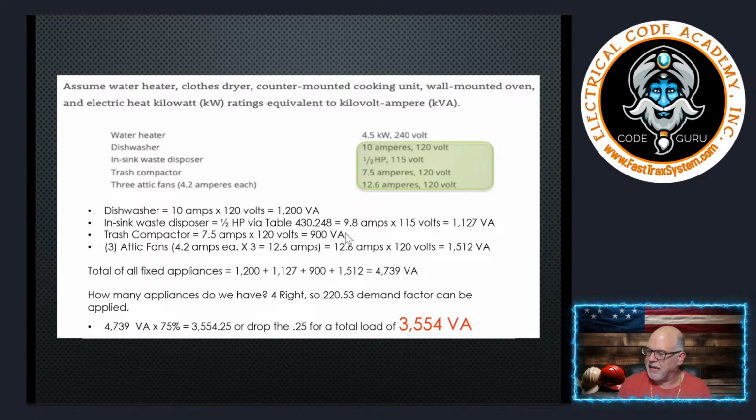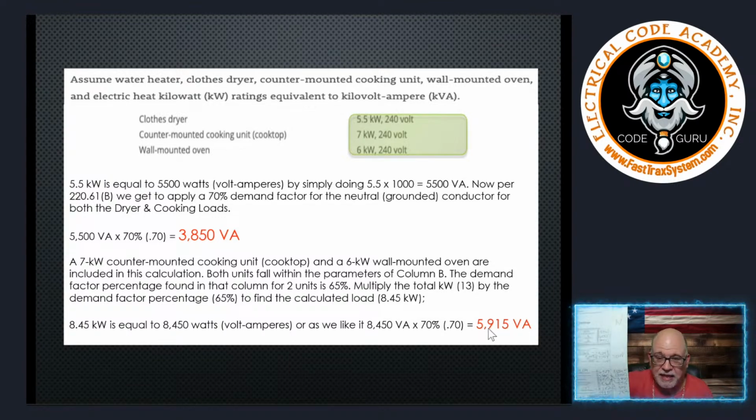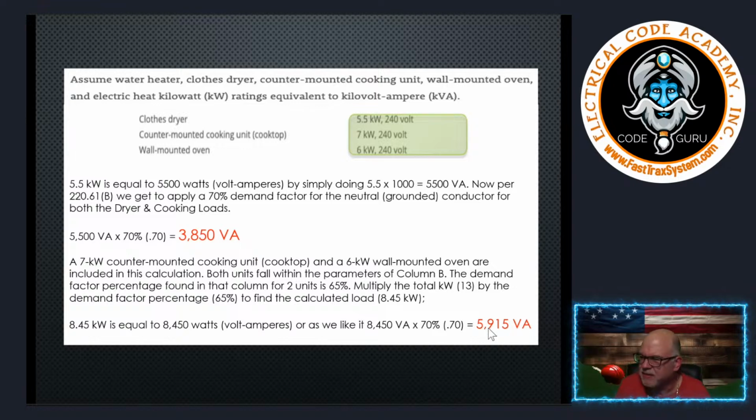There's that 3,554 that we got, check. See how we did the math? There's the clothes dryer and the cooking. All of those were done at 70% of their 5,500 and 8,450. That's how we got the 3,850 and the 5,915. That's what we have written down here. There you go. Check.